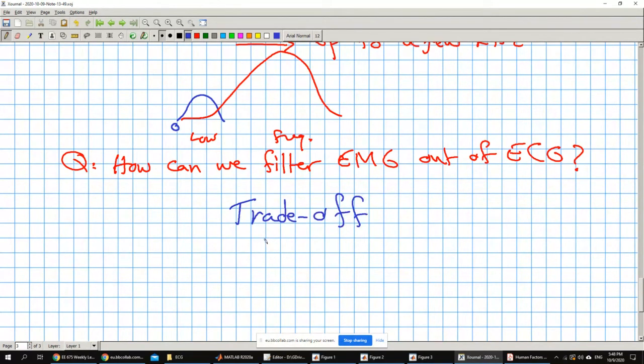Trade-off means what? First of all, the EMG is high frequency noise.